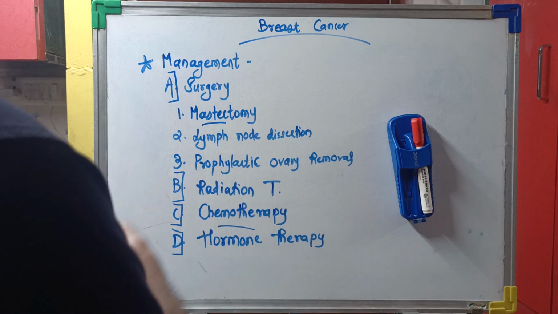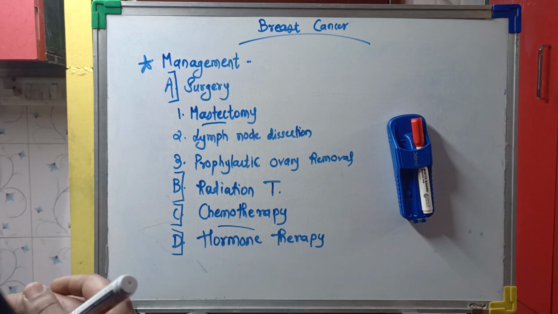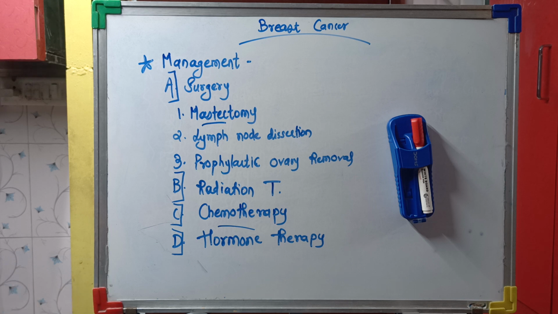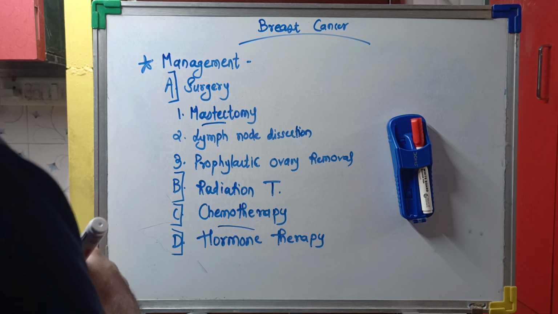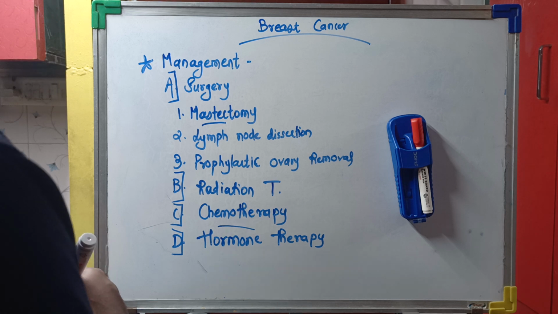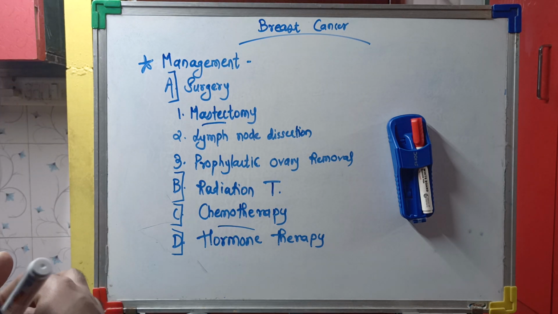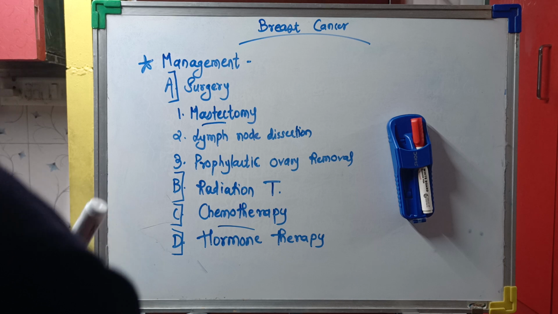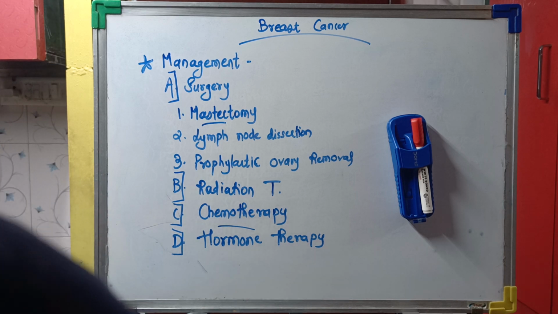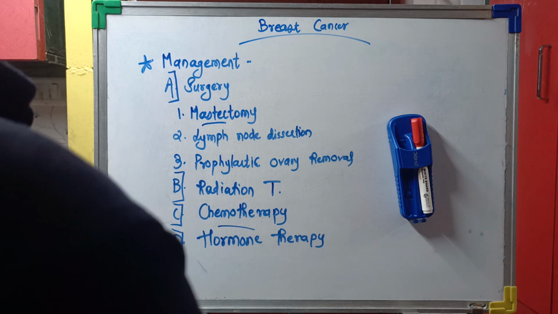The prophylactic ovary removal is a preventive surgery where the ovaries are removed, so the estrogen does not produce the hormones for the development of breast cancer. The B is the radiation therapy. In radiation therapy, there are two types: the external radiation and the internal radiation.